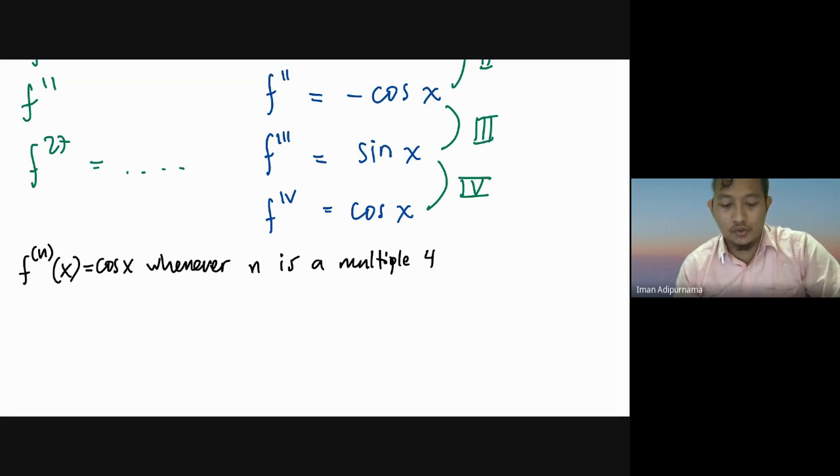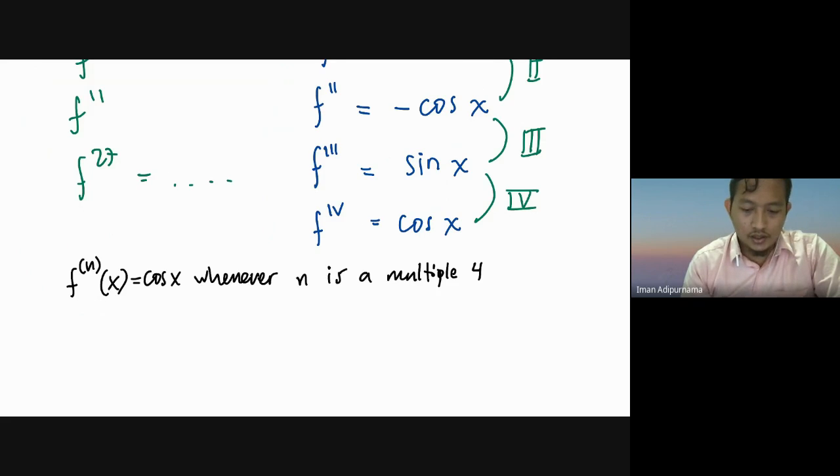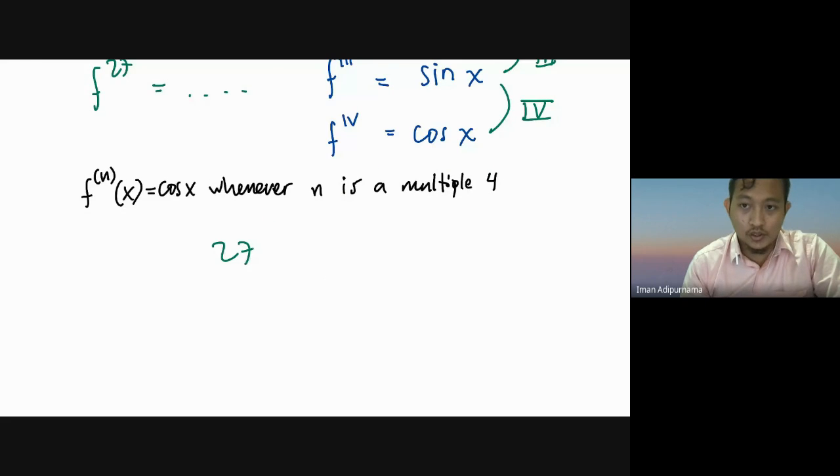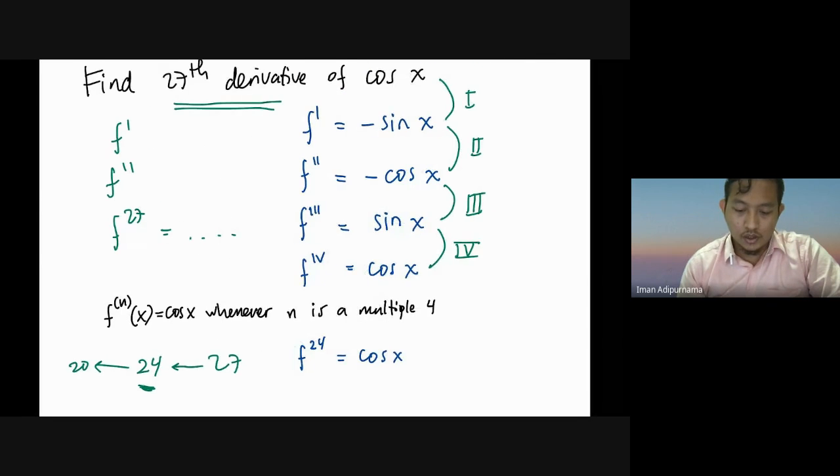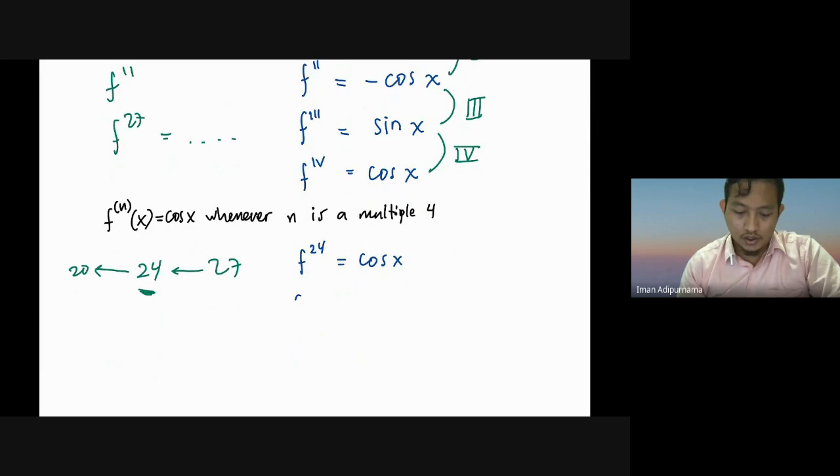So a multiple of 4 near 27, we need 27, right? The multiple of 4 maybe 24, or maybe 20. But I think the nearest one is 24. So we can say f^(24) is cos x. And then if you differentiate 3 more times, 1, 2, 3, it will be sine x, right?